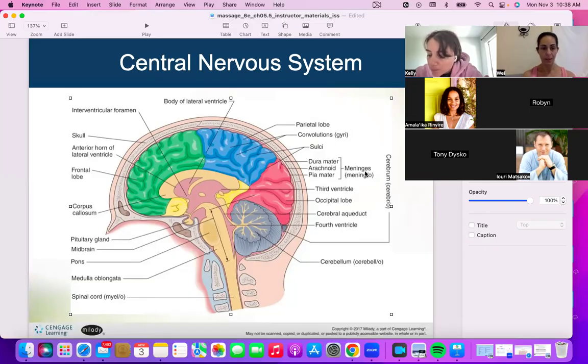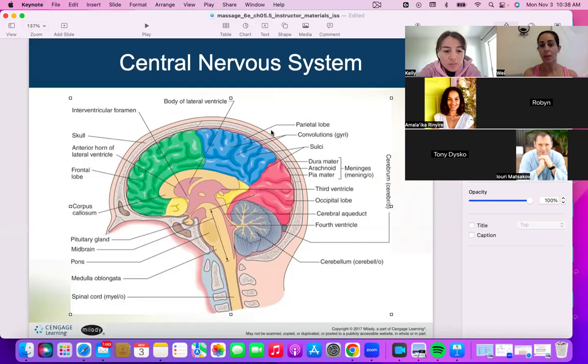Okay, what else are we going to talk about here before we dive in? So we get the skin, we get the skull, we get the 3 layers of the membrane, and let's talk about the lobes then. You got the frontal lobe in the front, and that's also called the frontal bone as well, right? So it's this part of the brain that's in the front.